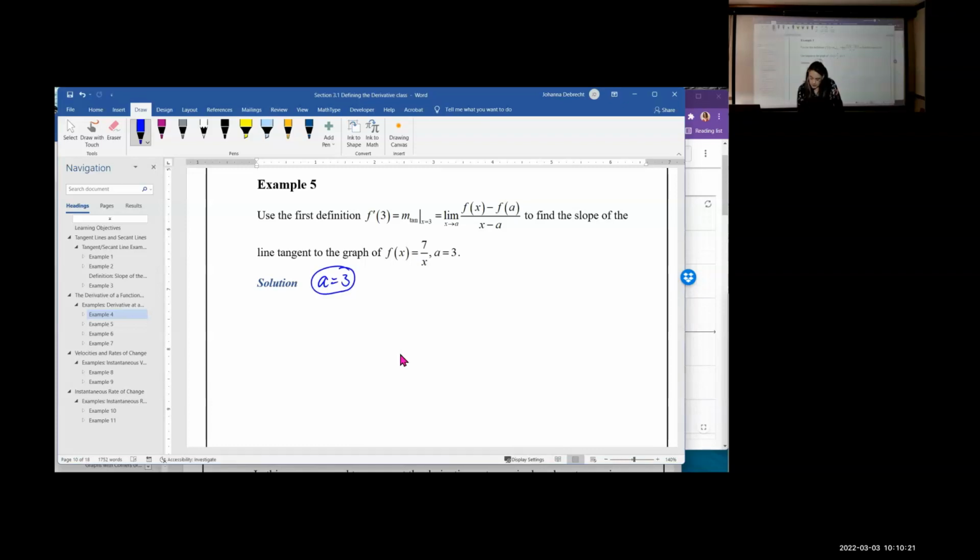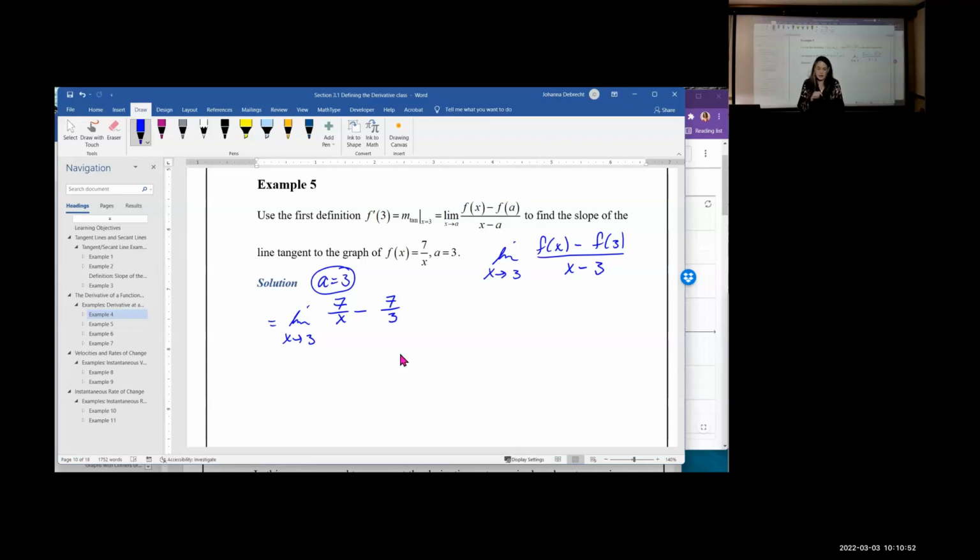So I'm going to go ahead and think of this as the limit as x approaches 3 of f of x minus f of 3 over x minus 3, which is going to give me the limit as x goes to 3. f of x is going to be 7 over x minus f of 3, which would be 7 over 3, right?